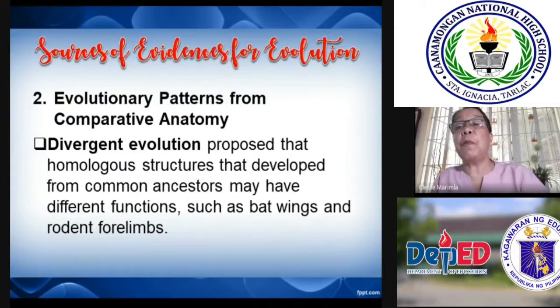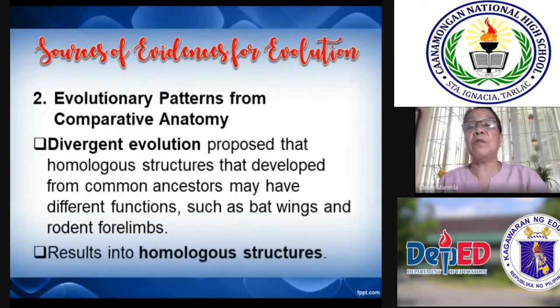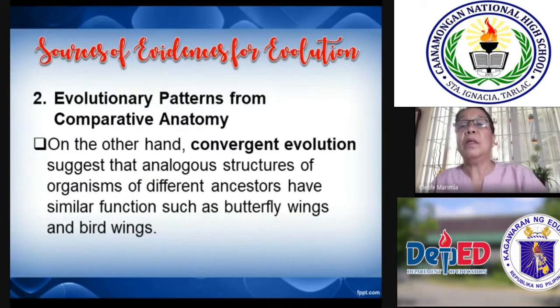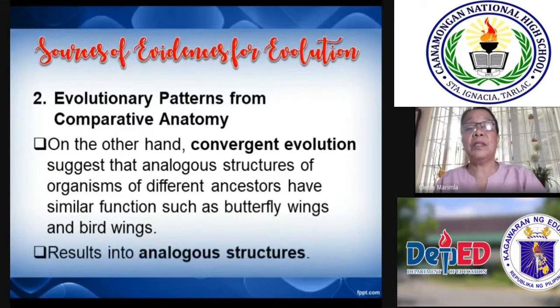Divergent evolution proposes that homologous structures that develop from common ancestors may have different functions, such as bat wings and rodent forelimbs, resulting in homologous structures. On the other hand, convergent evolution suggests that analogous structures of organisms of different ancestors have similar functions, such as butterfly wings and bird wings, resulting in analogous structures.